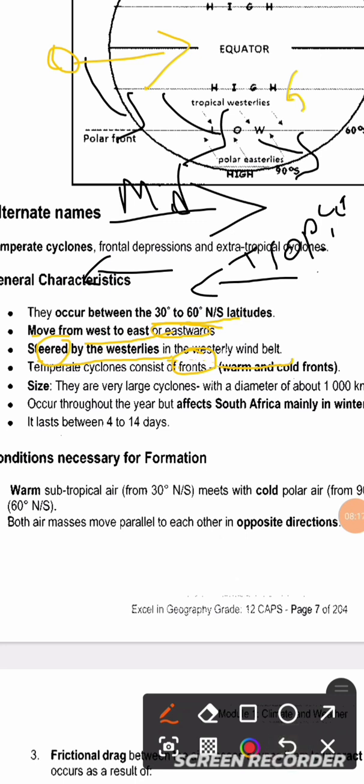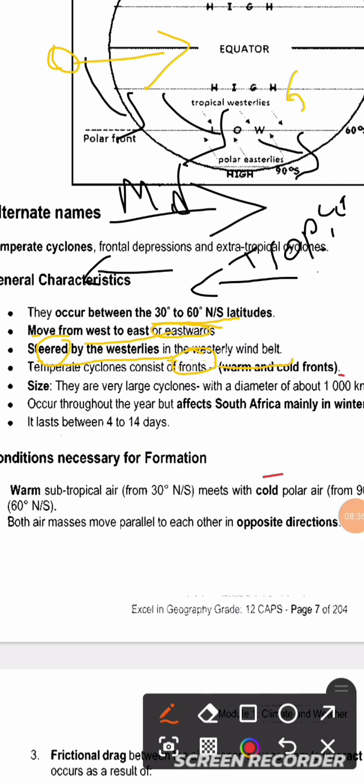So the size, the diameter, is very large, with a diameter of 1000 kilometers. They occur throughout the year but mainly affect in winter.